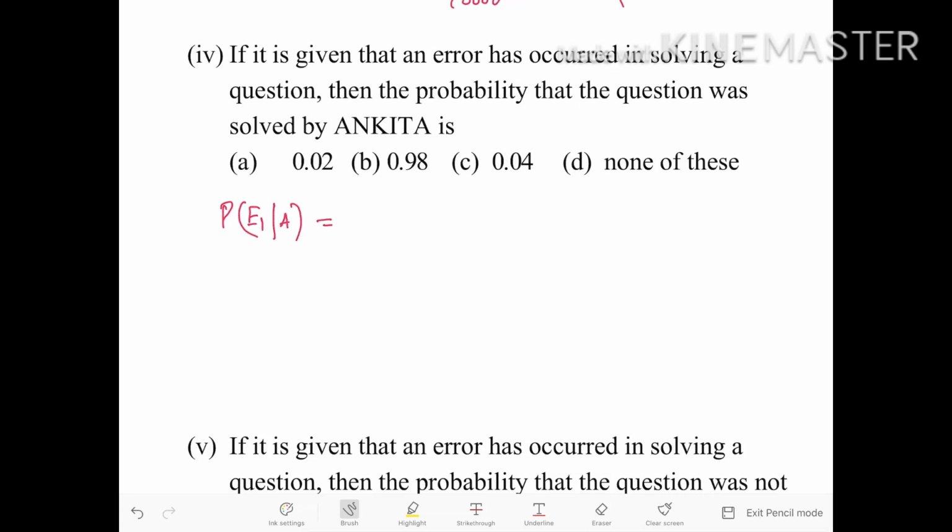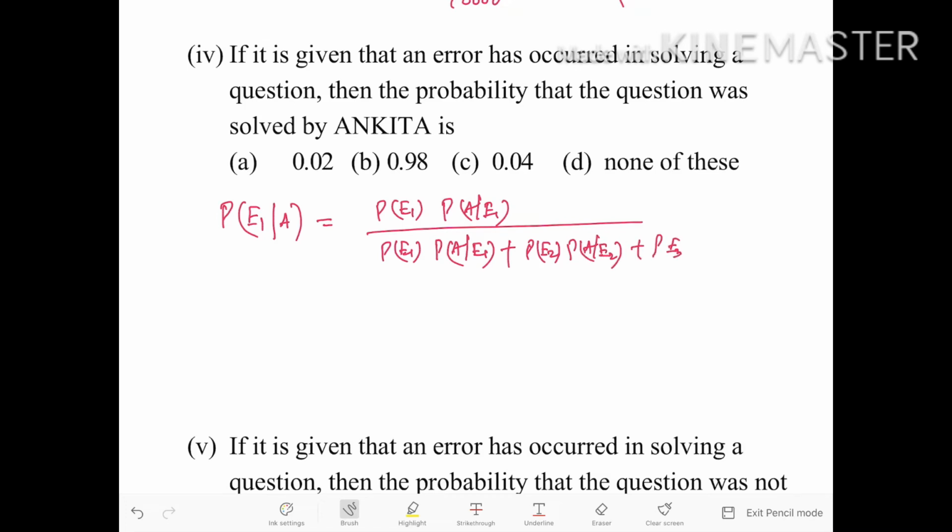That means we have to find probability of E1 condition to A. So from Bayes theorem we know it will be probability of E1 into probability of A condition to E1 divided by probability of E1 into probability of A condition to E1 plus probability of E2 into probability of A condition to E2 plus probability of E3 into probability of A condition to E3.